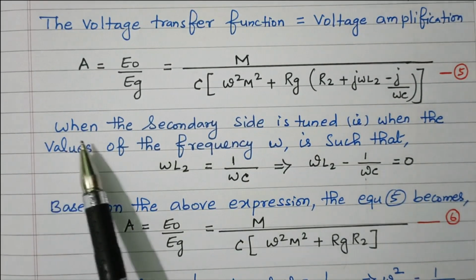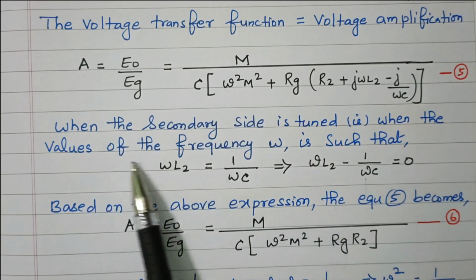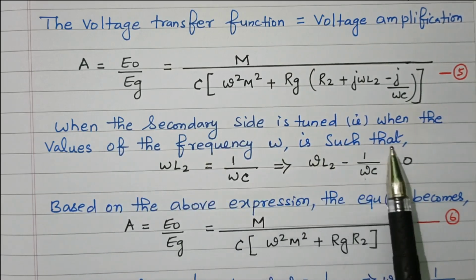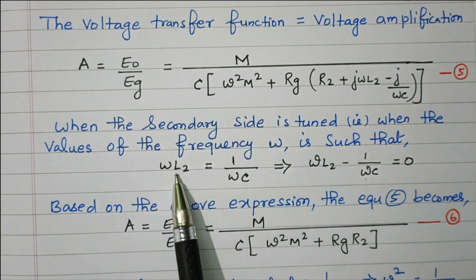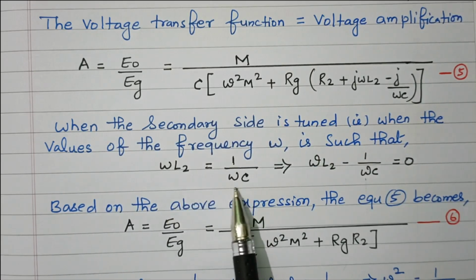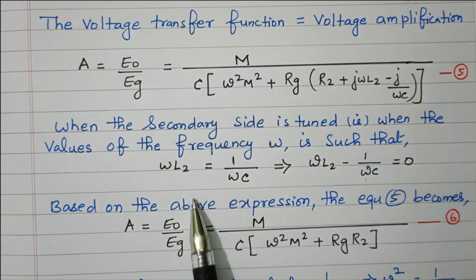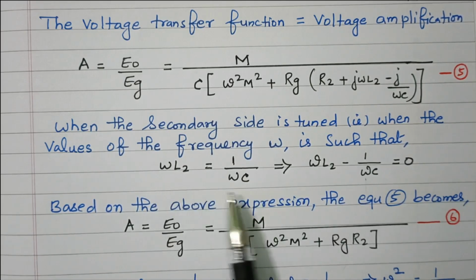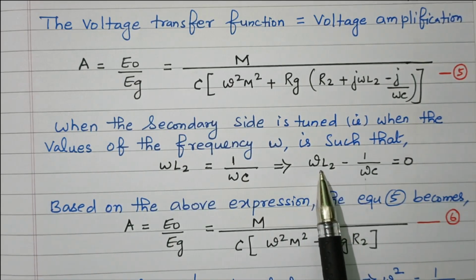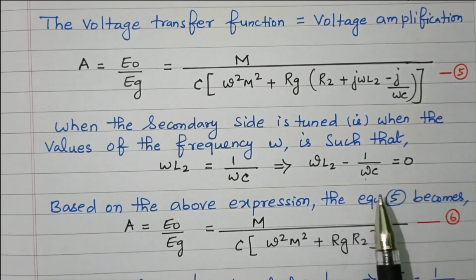Now we'll see when the secondary side is tuned, that is, when the value of the frequency omega is such that omega L2 is equal to 1 divided by omega C. Both are equal, which means the circuit is tuned. So omega L2 minus 1 divided by omega C equals 0.